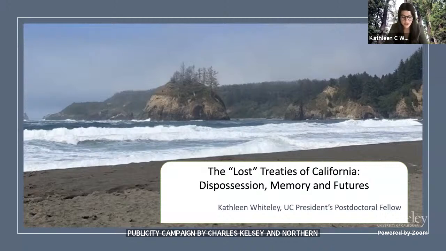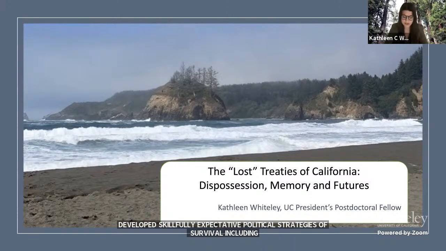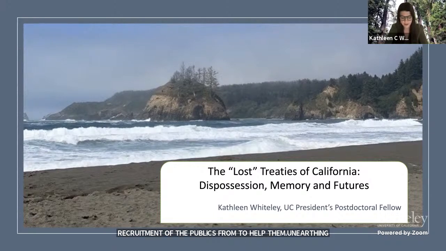In a context of entrenched legal and cultural injustice, Native Californians developed skillfully effective political strategies of survival, including the recruitment of the public press to help them. The unearthing of the unratified treaties helped to shape a radical departure in the history of California Indian country. Today, I'm here to talk briefly about the history of these 18 unratified lost treaties of California and their lasting legacy with California land rights.